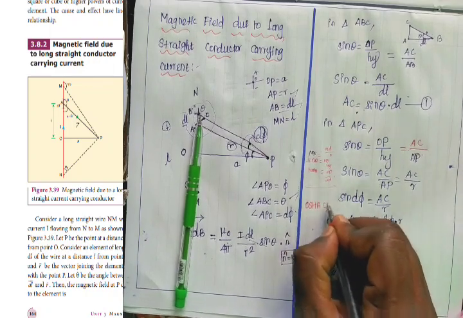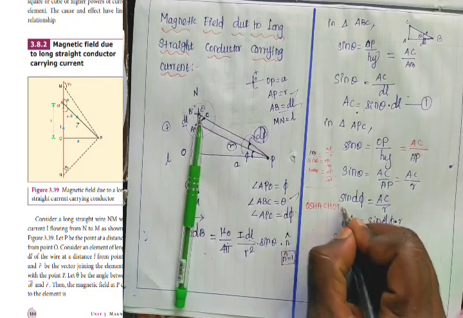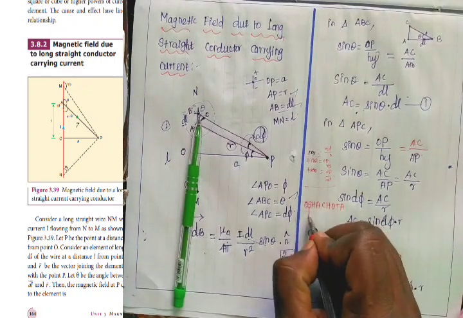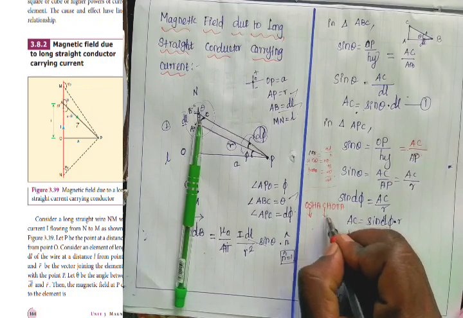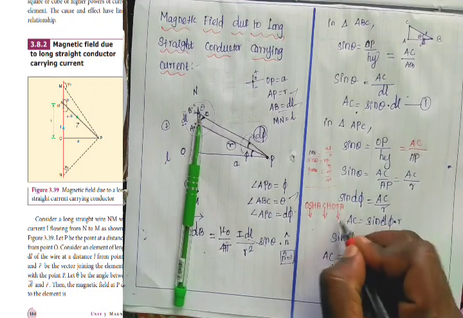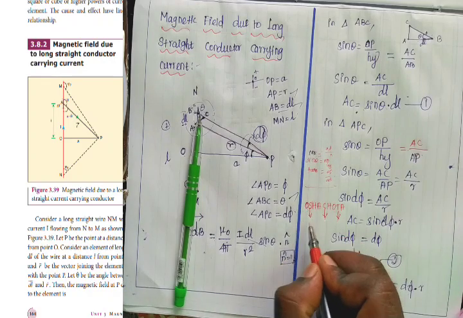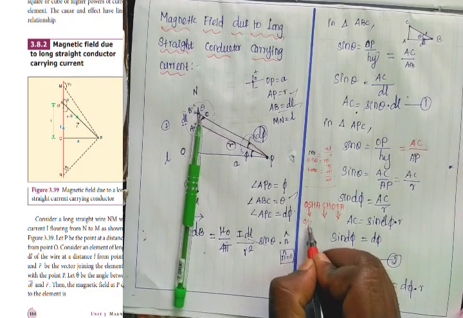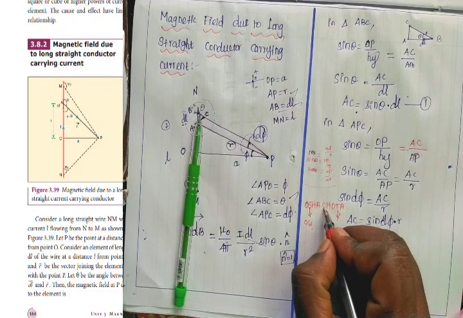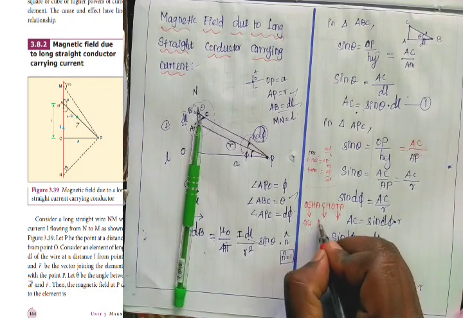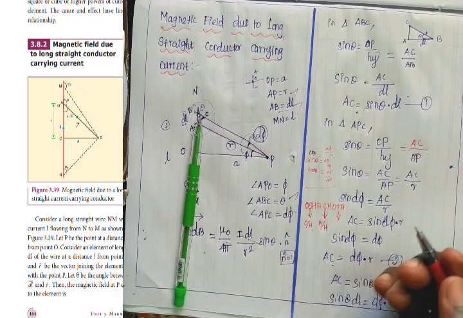A simple memory trick: O-sha-cho-ta, O-sha-cha-ta. So S is sin theta, C is cos theta, T is tan theta. The sin theta formula: O means opposite, so opposite divided by hypotenuse, simple. Next is cos theta: A means adjacent, so adjacent divided by hypotenuse, easy.